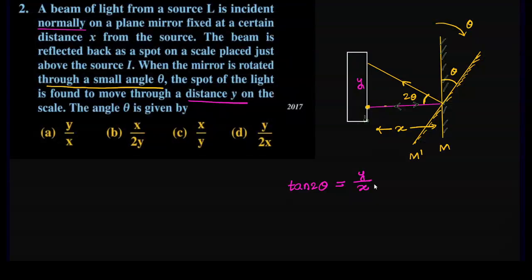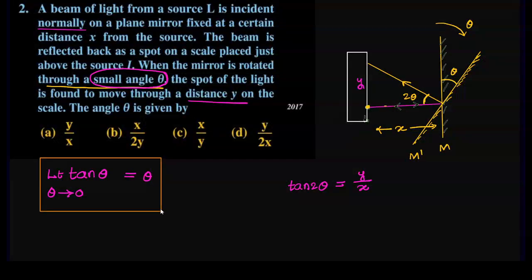And they're saying that theta is very small. If theta is very small, we can say limit theta tends to 0, and tan theta is approximately equal to theta. Have you studied this? So if theta is very small, we approximate tan theta as theta only.